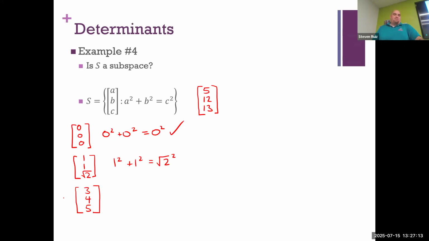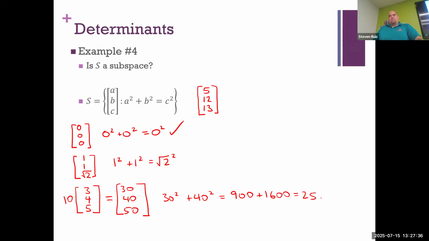What if I multiply 3, 4, 5 by 10? Then I get 30, 40, 50. Does that still fit the Pythagorean theorem? 30 squared plus 40 squared. What's 30 squared? 900. 40 squared is 1600, which is 2500, which is 50 squared.